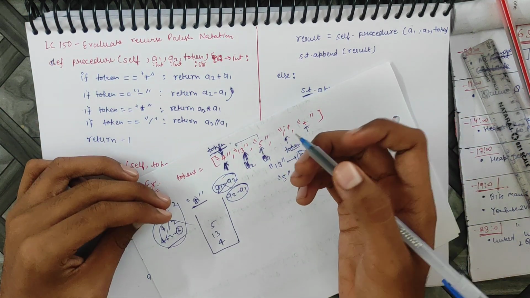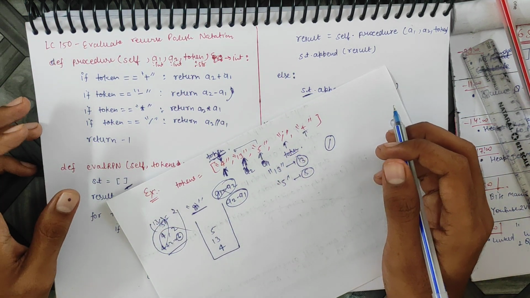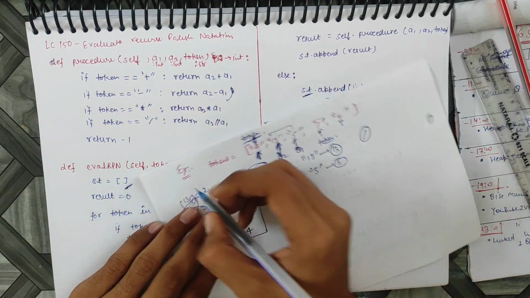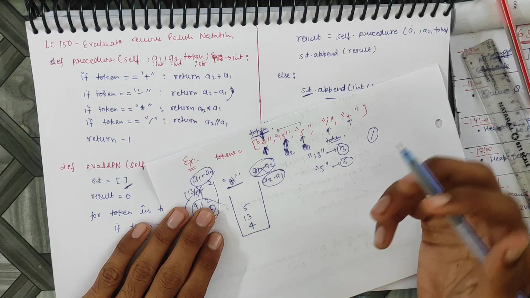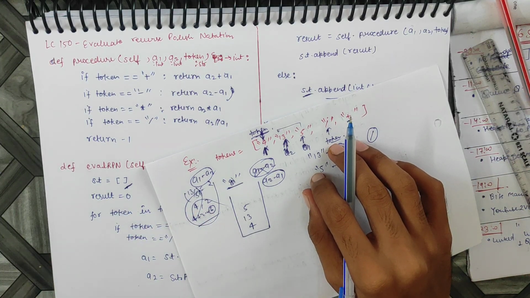If we do a1 minus a2, like we are using a1 first then a2, it will cause problems in only two cases.